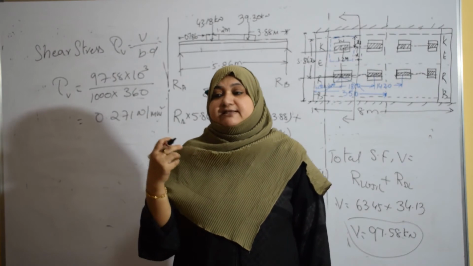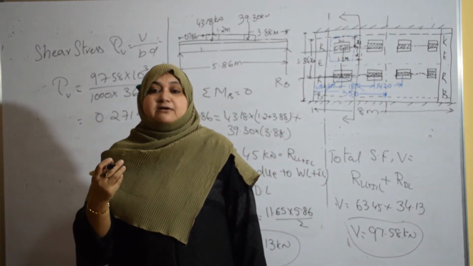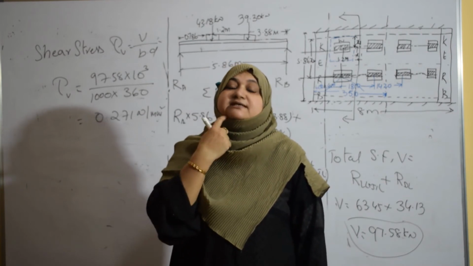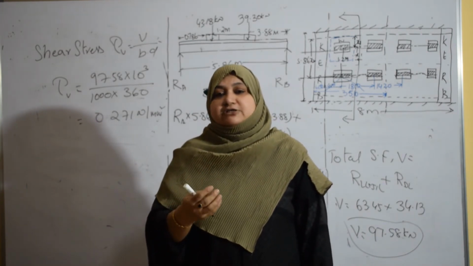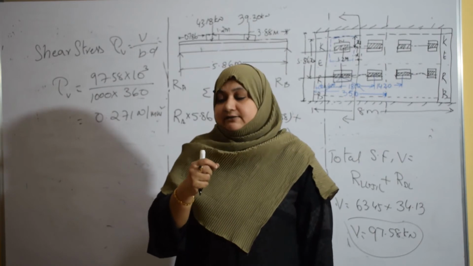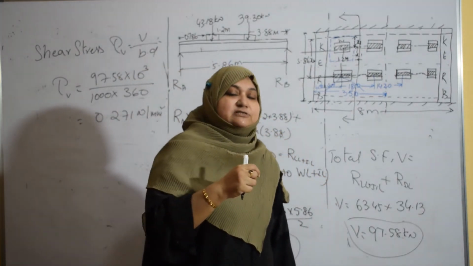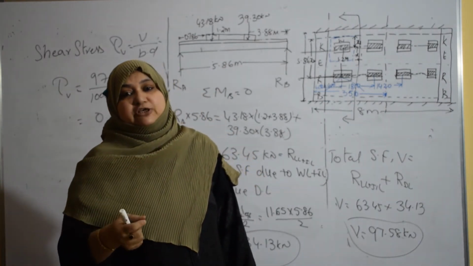Slab is a member which mostly will not be subjected to shear, right? So it means we won't design the slab for shear reinforcement. So we have to check table 12B, because that will give you the value of permissible shear stresses for members without shear reinforcement.